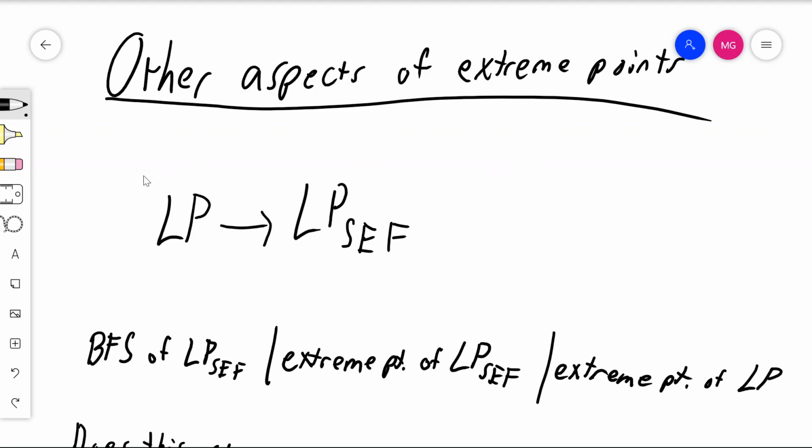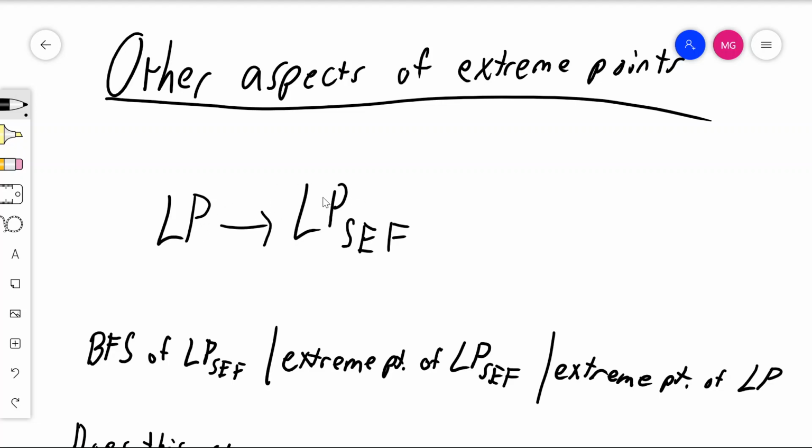What happened in that video is that we started with a linear program that was not necessarily in standard equality form, and then we wanted to run the simplex algorithm on it so that we could show that the simplex algorithm was going from corner to corner, or extreme point to extreme point, of the associated polyhedron. But in order to run the simplex algorithm, you need to be in standard equality form.